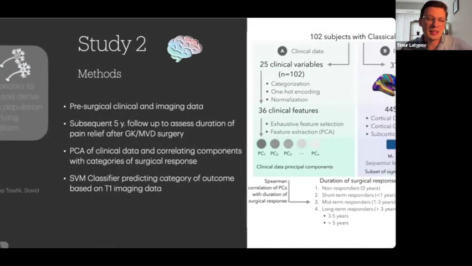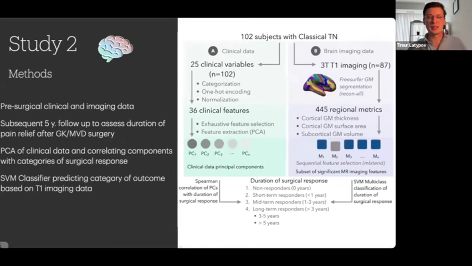For that, we included 102 subjects who were diagnosed with classical TN and treated at Toronto Western Hospital, and then subsequently followed up for 5 years. We analyzed the pre-surgical data for these subjects, and based on it, tried to forecast the future outcome of the surgery, so for how long the surgery was effective. This work essentially had two branches. We used the clinical data branch in here.